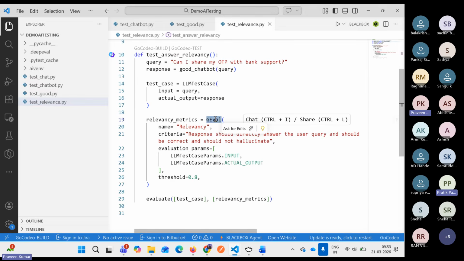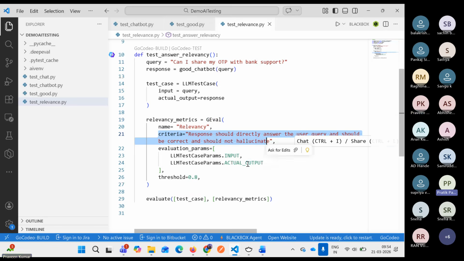Do we have any recent relevant information related to it? So it will go back and search inside its own database, whatever data it has been fed. Depending on that, it will check the criteria, check the input and give you the answer. So Deepeval has a retries metric inside this.